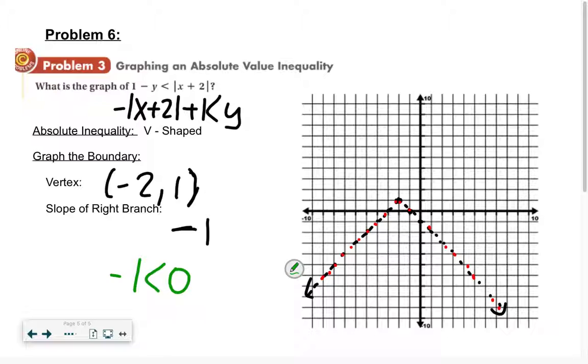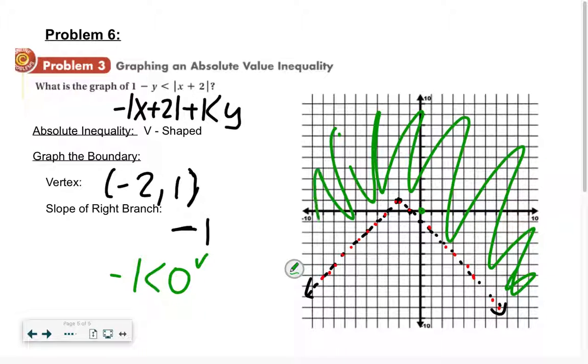Yeah. So this is true. This works. So we shade on the outside of our absolute value. Questions?